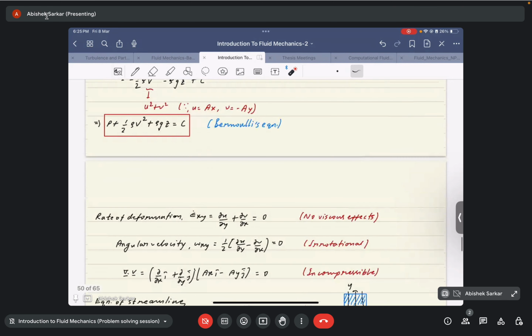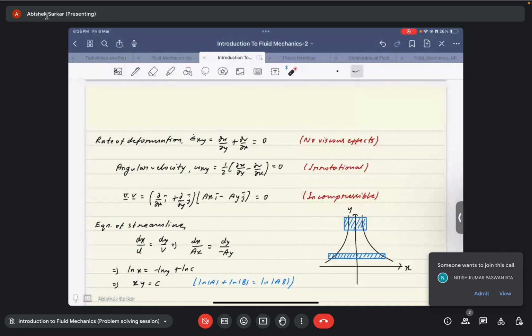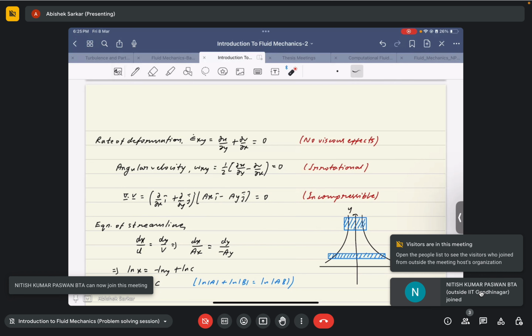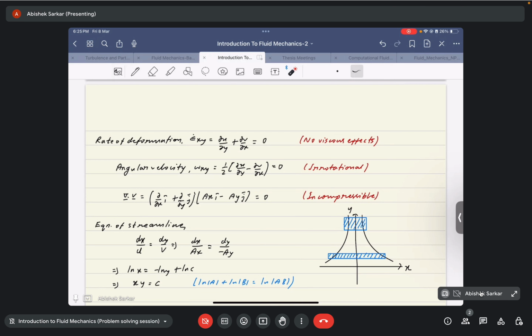Okay, so the rate of deformation for this flow is given by dou u by dou y plus dou v by dou x, which essentially is 0, because u is equal to ax and v is equal to minus ay, so dou u by dou y is 0 and dou v by dou x is equal to 0.